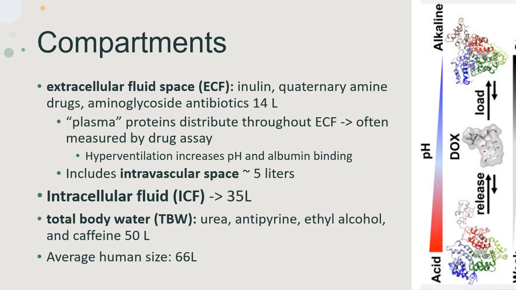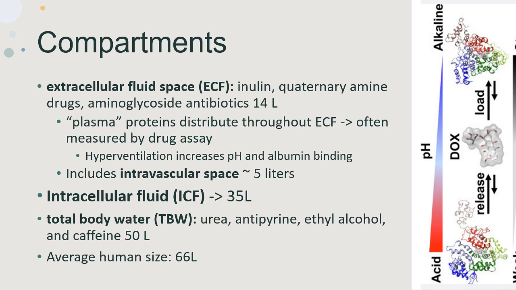But here's an example. The most common protein is albumin, which I should have labeled. That's probably representing albumin. Albumin is negatively charged. So if you hyperventilate, you'll actually increase protein binding because you're blowing off your acid, or H positive, which means you're uncovering more negative charges, which means you can have increased binding.